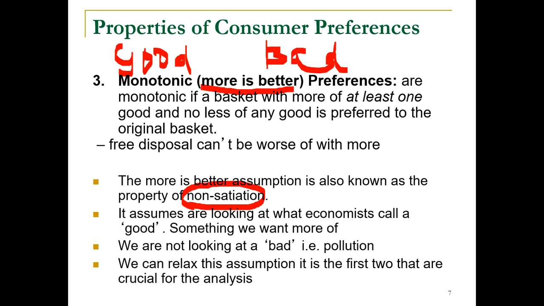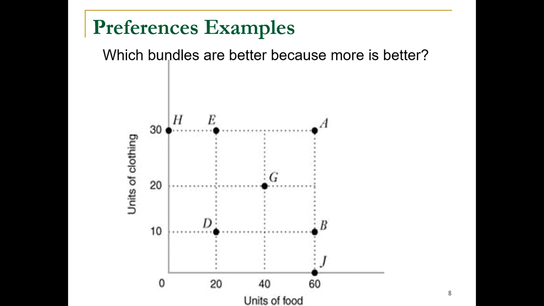We don't want pollution, so that is an economic bad, but we want money because money is a good. We want sugar because sugar is a good. So when we say preferences are monotonic, we mean that preferences follow this assumption that more is preferred to less.